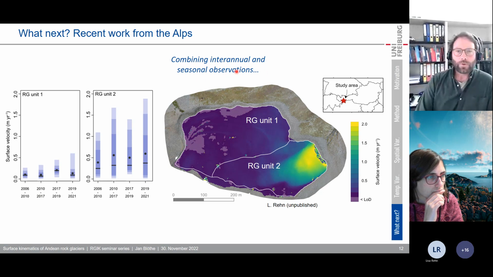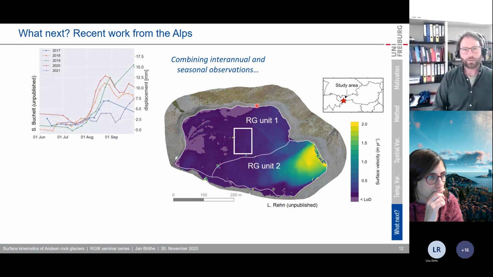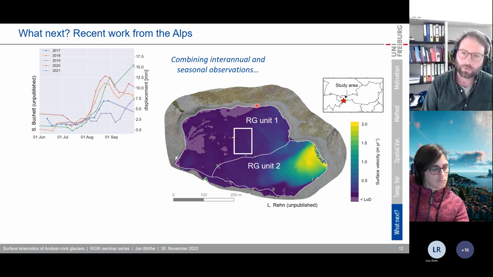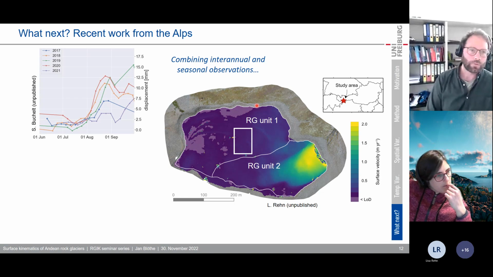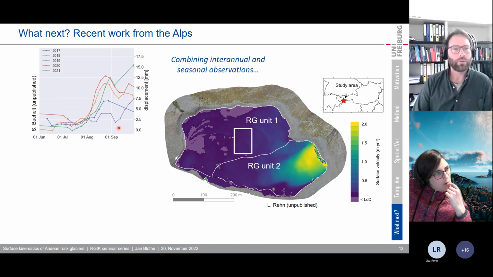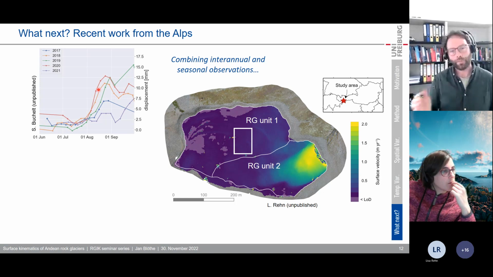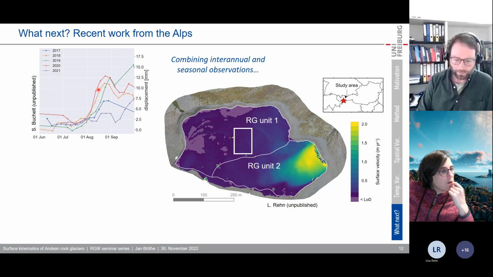But interestingly, if we combine these interannual observations with seasonal observations, and this is work that Sebastian Buchelt from University of Würzburg has been doing recently, we see that on this slower moving feature, there is a clear seasonality with nearly no displacement during the early summer and the winter times, and then displacements pick up and rise in the summertime.